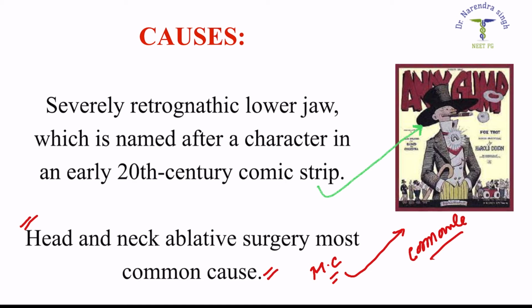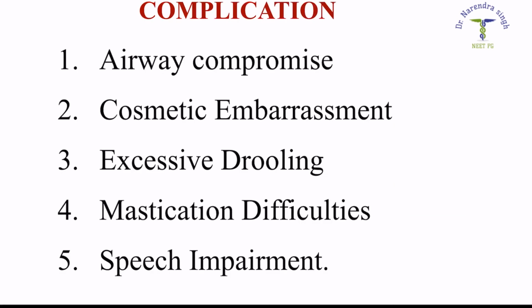Going further, how does this deformity lead to complications? The most common complication is airway compromise. Second, as we can see in earlier diagrams, it leads to cosmetic embarrassment. Third is excessive drooling.